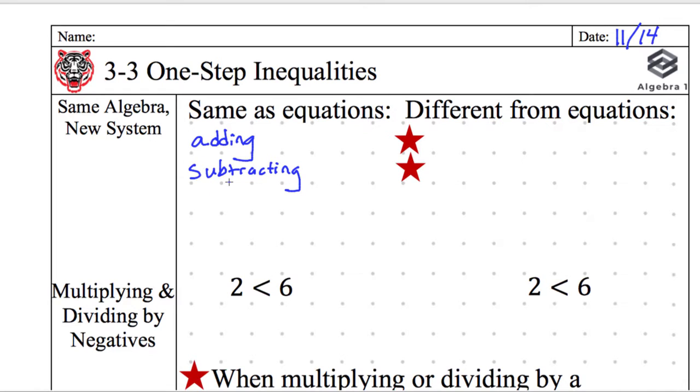And then same as the equations, multiplying positives. So we'll make this in red because it's important. Positives. So if I multiply by positive 3, if I multiply by positive 3.5, that's the same. Also dividing is the same if you're only dividing positives.